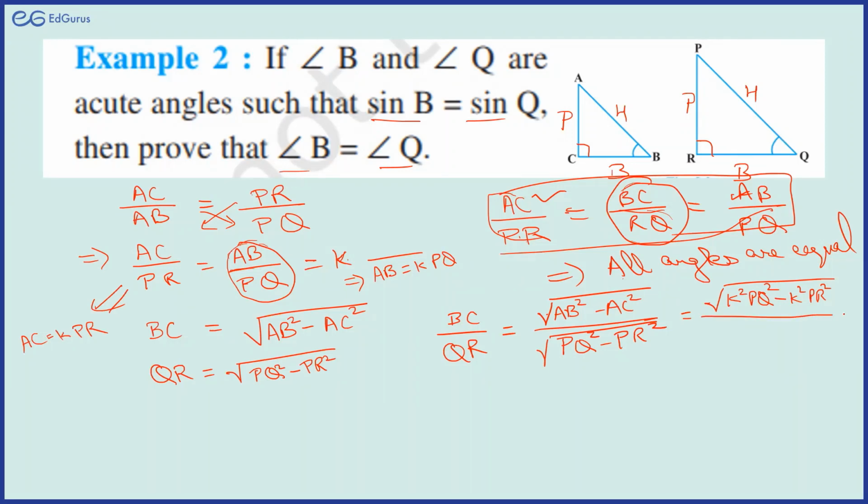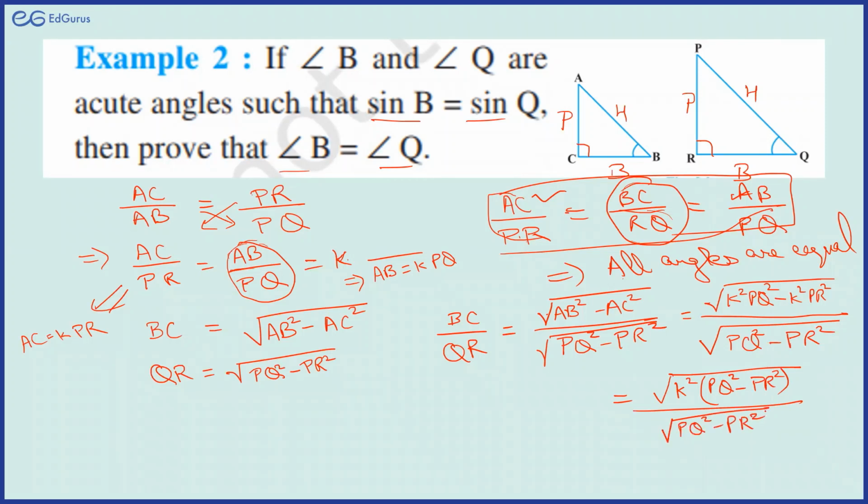ठीक है? So ये तो हो गया numerator. Now denominator I have in terms of PQ and PR. Leave it like this, right? Now you can see here I can take my K square common. So I have PQ square minus PR square divided by square root of PQ square minus PR square.